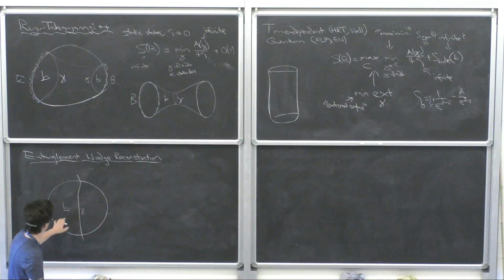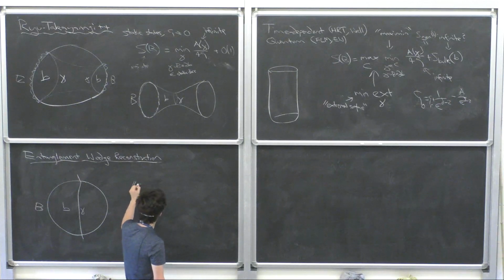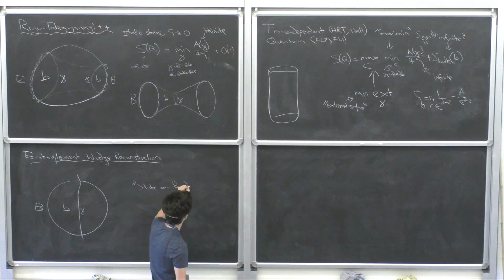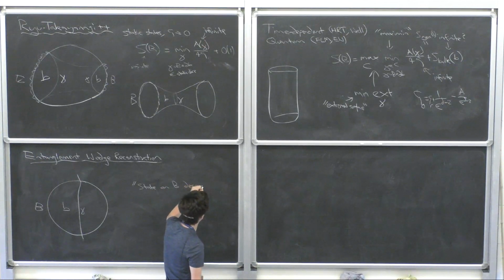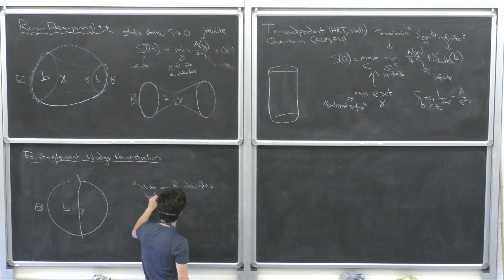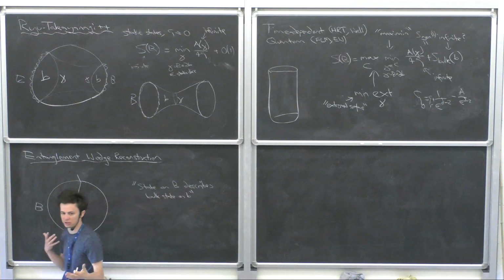Then entanglement wedge reconstruction says, roughly speaking, that the state of the boundary on big B describes the bulk state on little b. This is sometimes called subregion duality.